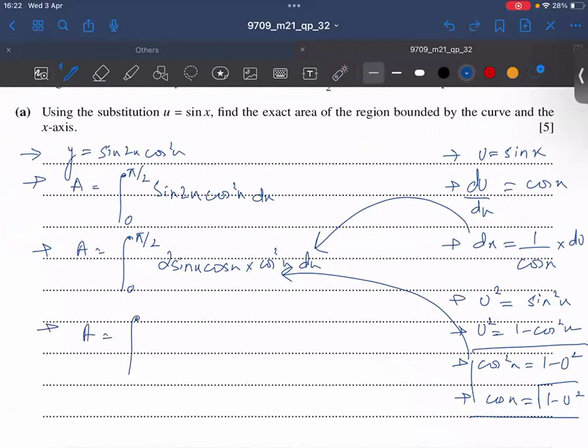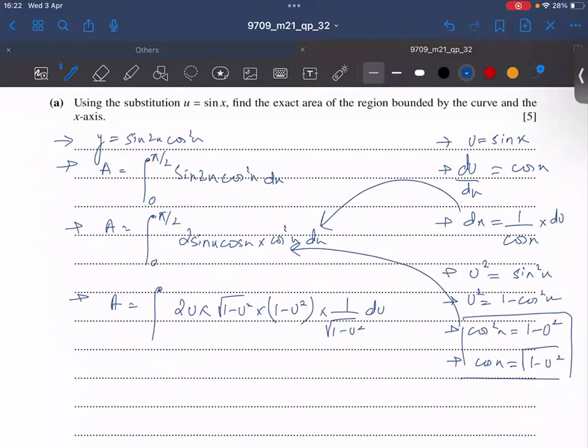2 times u times cos of x, which is the square root of 1 minus u square, into 1 minus u square, into dx, which is 1 over cos x, du. Agreed or not, Mr. Bilal Ahmed?